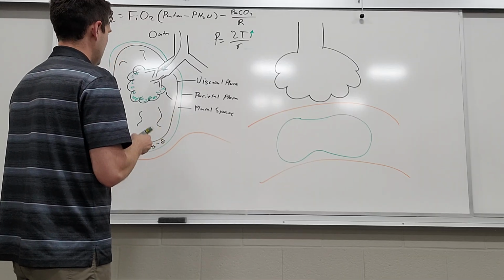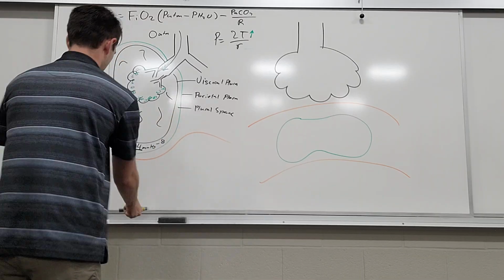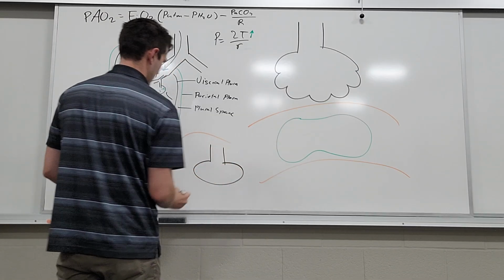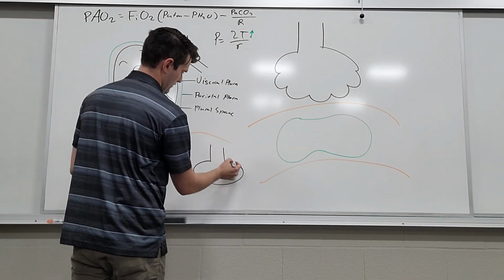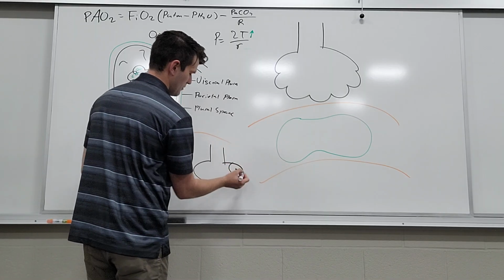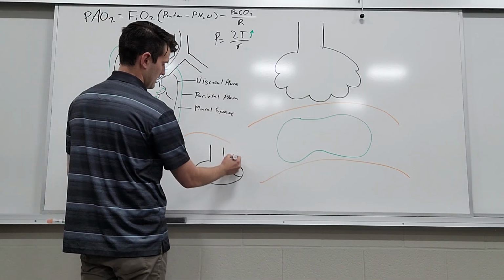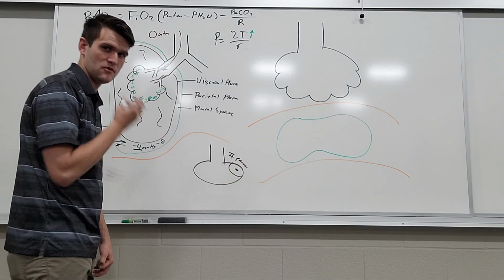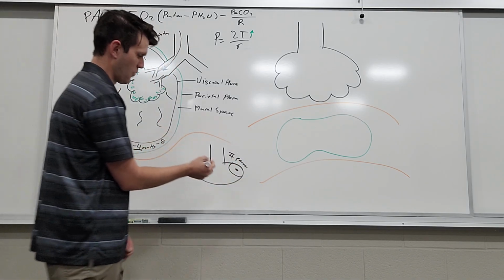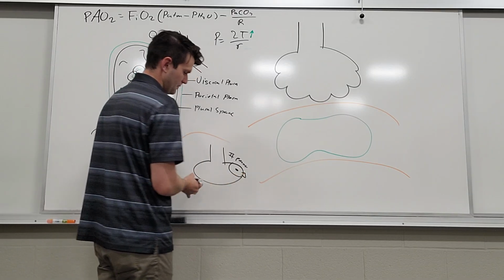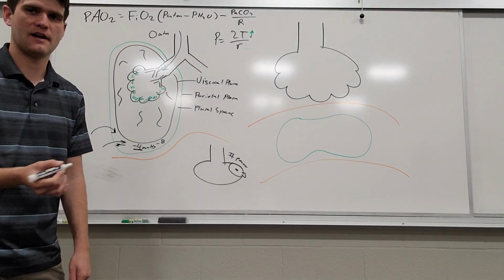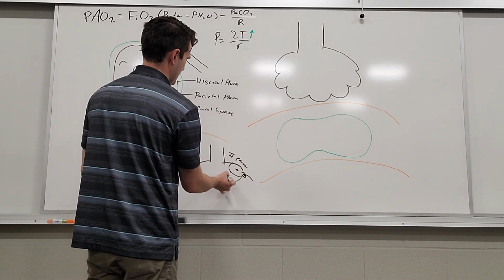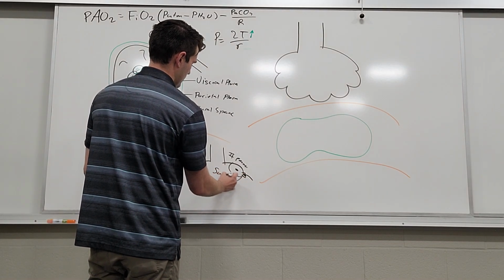So what we use is something called surfactant, okay? So surfactant in your alveolus, let's draw another alveolus here. In your alveolus, you're going to have some pneumocytes. These are type 2 pneumocytes, and what they have is a cortisol receptor on it. So things like cortisol, hydrocortisone will bind to that, and then they'll make something called surfactant.